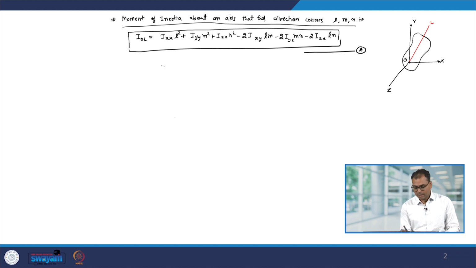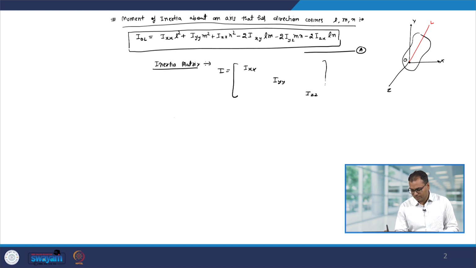Then the inertia matrix I has Ixx, Iyy, Izz on the diagonal, and the off-diagonal terms minus Ixy, minus Ixz, minus Iyx, minus Iyz, minus Izx and minus Izy.